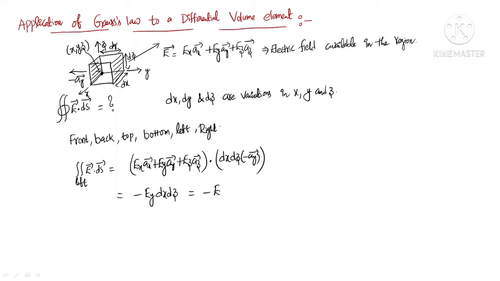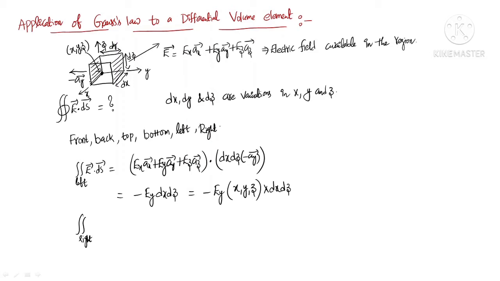It is minus Ey evaluated at x, y, z, because I am concentrating only on the left surface, so I need the electric field intensity at the left surface. Is it right or not? So I need to know this value, multiplied with dx and dz.